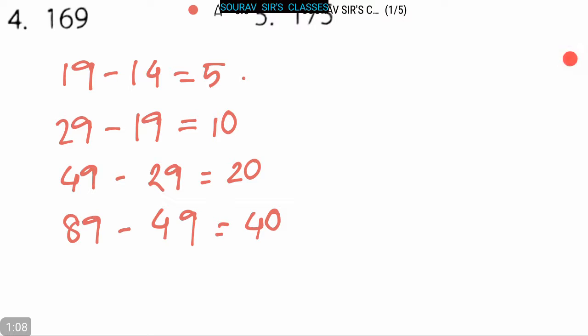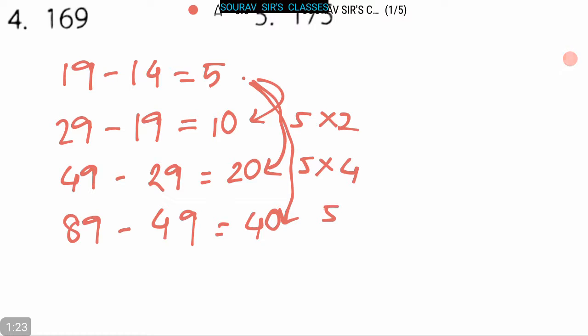Now we can clearly see that this is 5 into 2, this is 5 into 4, and this is 5 into 8.